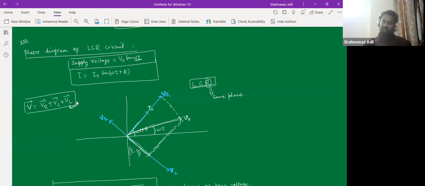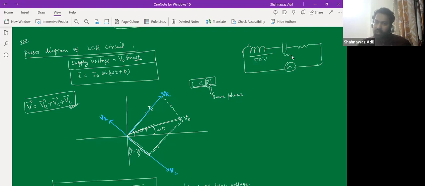That is why we cannot add them in simple algebra. So let's say you are given an LCR circuit and a supply voltage. Let's say this is 50 volt, this is 20 volt, this is 30 volts. So total voltage will not be 100 volts. This would be totally wrong, because they are at totally different phases.